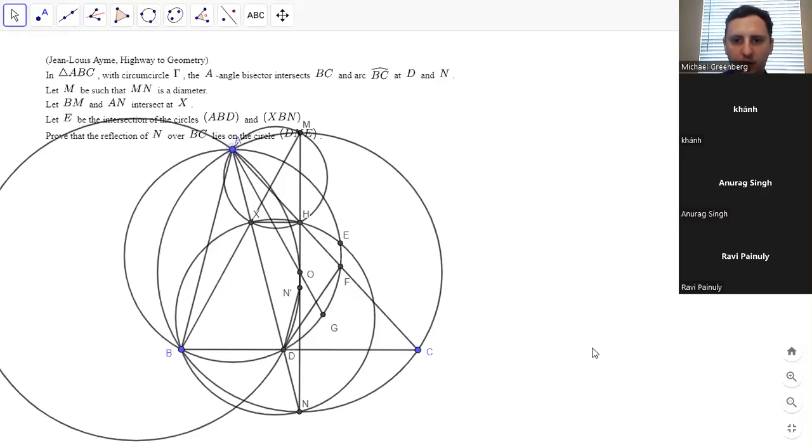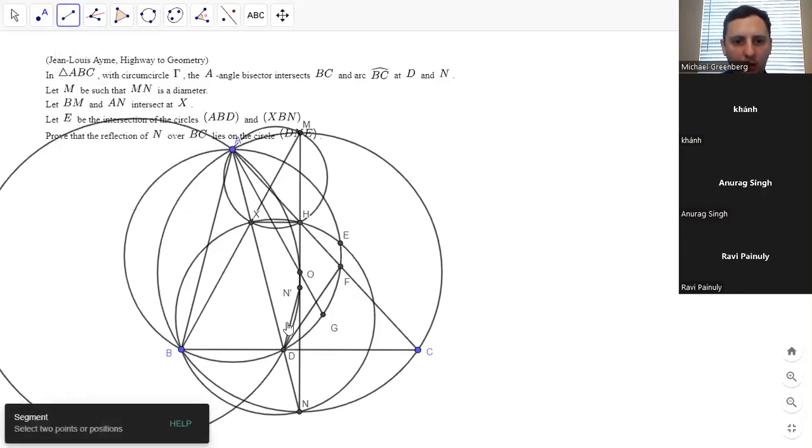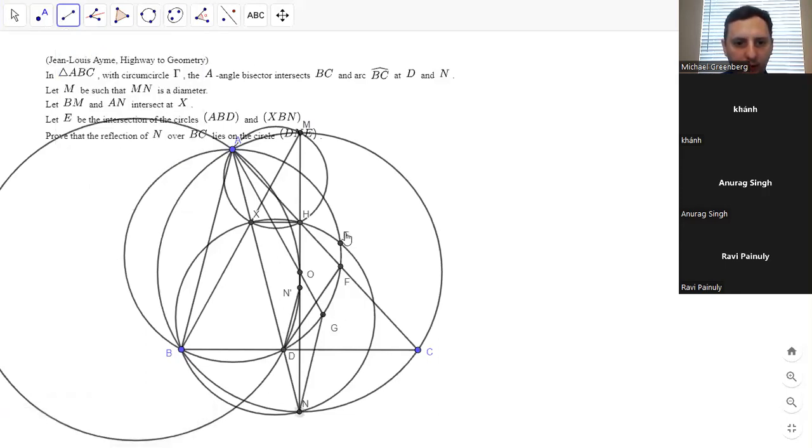Well, I think we actually want to show that E, G, and N are collinear, not F, G, and N. But I'm not sure if that can be angle chased, or how.